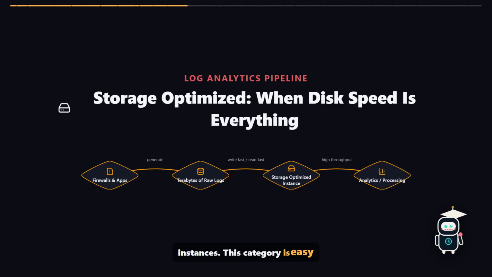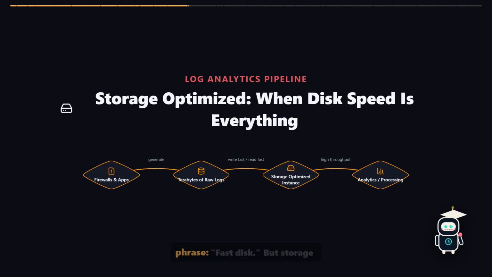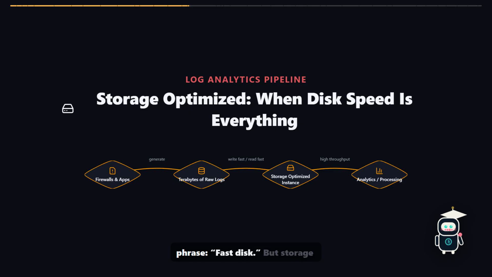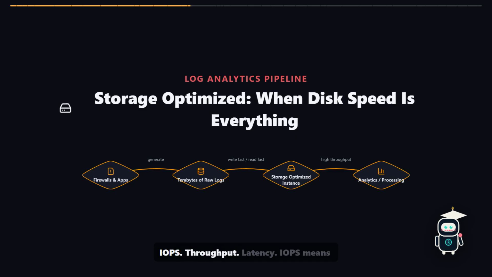This category is easy to misunderstand because people often reduce storage performance to one phrase: fast disk. But storage performance has multiple dimensions. Three terms you should understand are IOPS, throughput, and latency. IOPS means input/output operations per second.